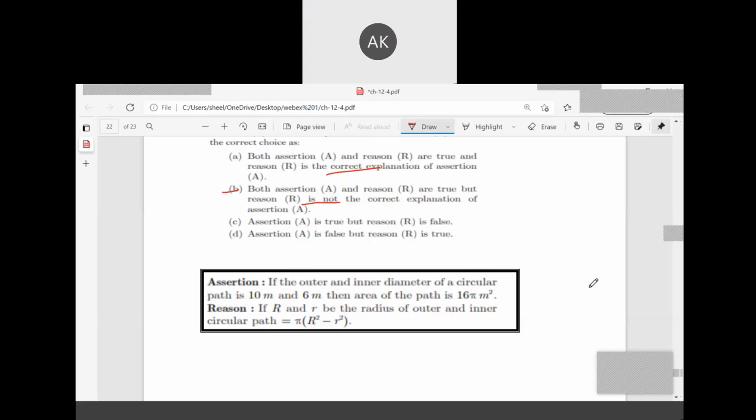Ma'am, option D. Option B. My question, listen all of you. The assertion is true or false? Ma'am, assertion is false, but reason is correct.